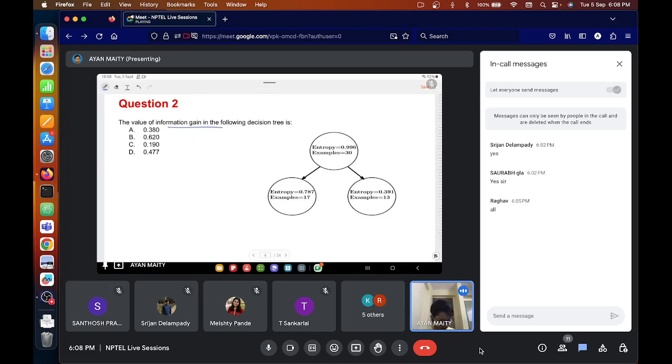There are 30 examples initially, and then we partition the dataset: 17 go to the left subtree and 13 go to the right subtree. The entropy values are also given for the root that contains all the examples, and also for the two partitions. You have to find out the information gain for this decision tree.